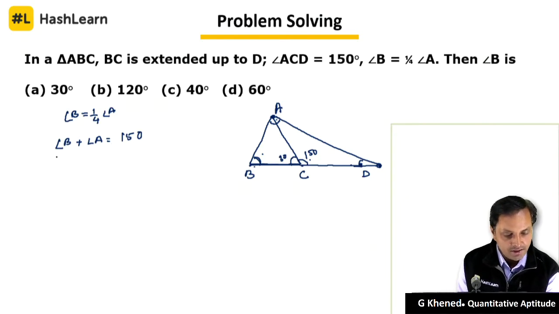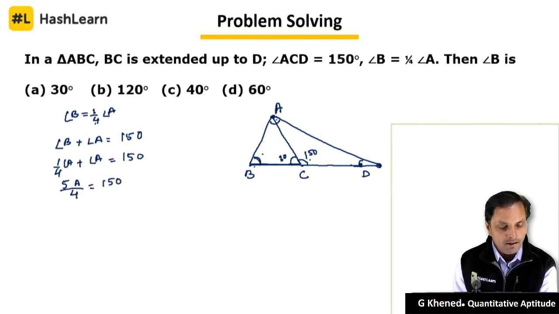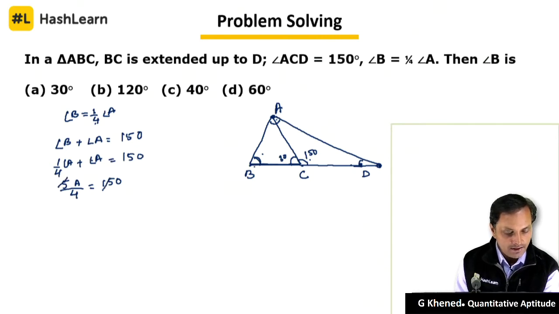When you put that here, since B is 1/4 of angle A, what does that give you for angle A? 5 times A, better I will write this way, is equal to 150. 4A plus 1 is 5A by 4. So, you can cancel, 5 3s are 15. A will be equal to 4 into 3 is 120 degree.